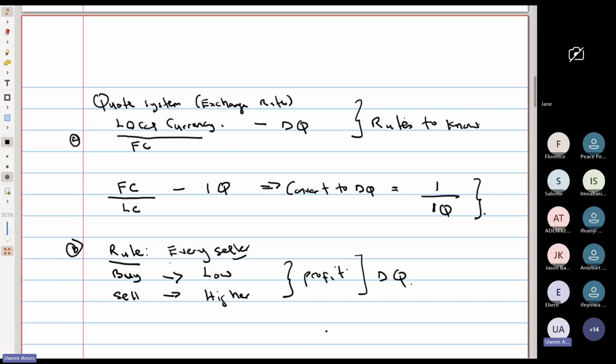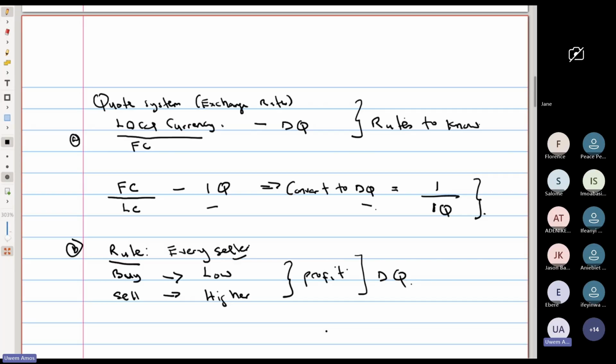And the rule is the FX dealer will buy low and sell high. However, if the currency is an indirect quote, we can choose to convert it to a direct quote by just doing 1 over the indirect quote, and then apply the rule. But if you choose not to convert, the indirect quote rule will be the opposite of the direct quote. The easier method is to convert, because then you only need to know the rules of direct quote.